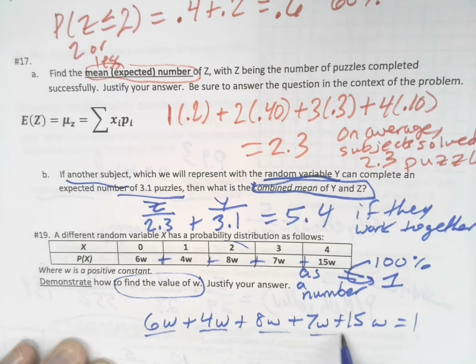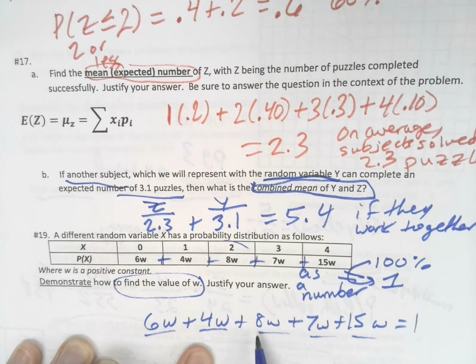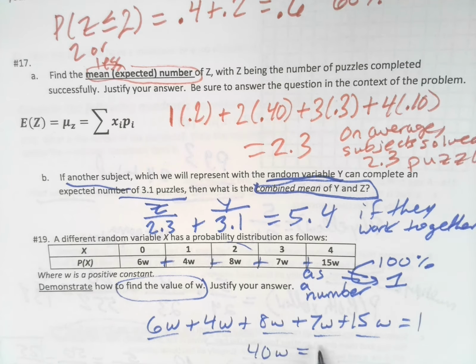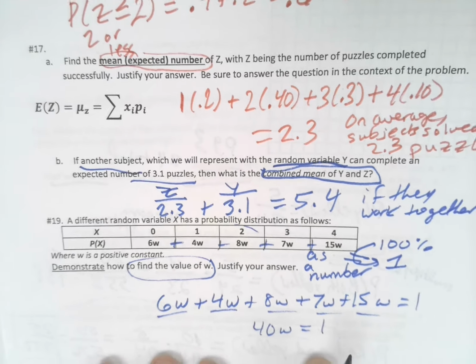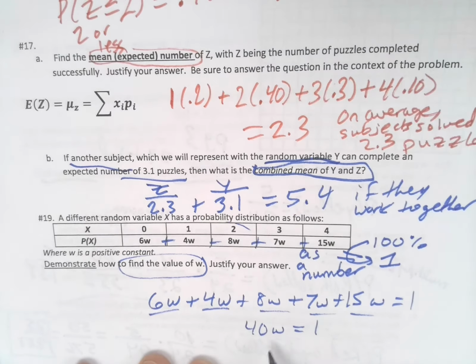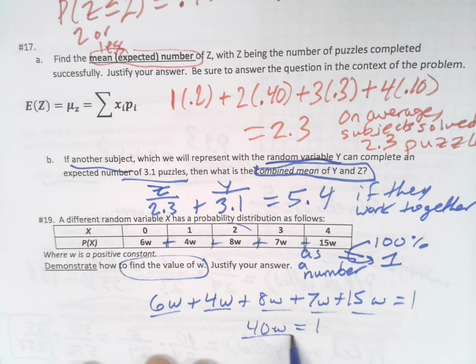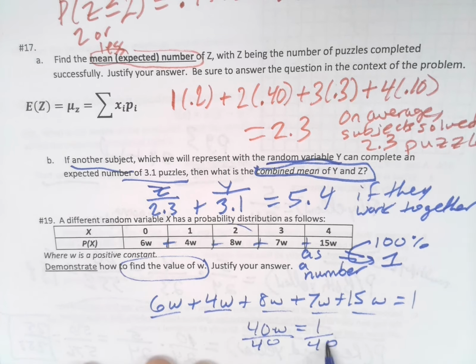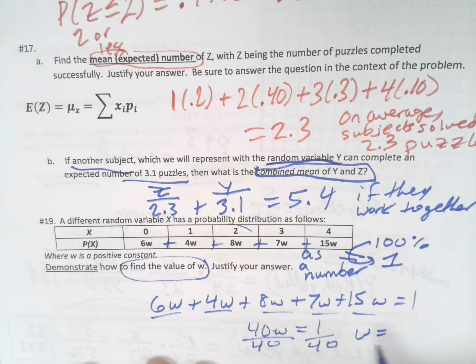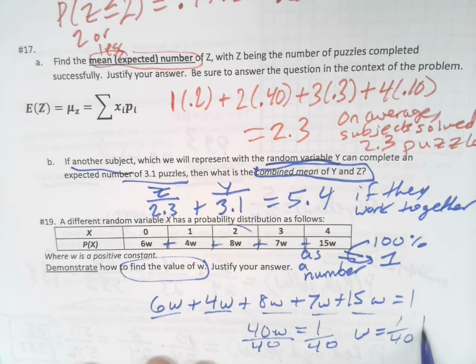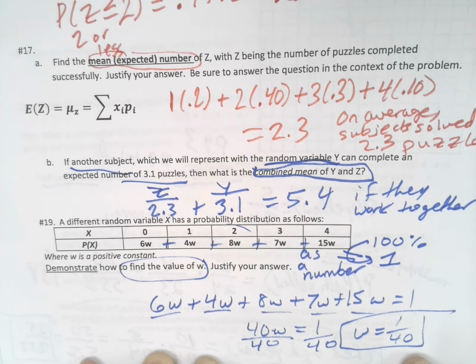So we combine those together, 10, 18, 25, 40W equals 1. And so how would we solve for W here? We add these together, combine like terms, 40 times W. Let's divide by 40. And W, don't write this as a decimal. Let's leave that simply as a fraction.